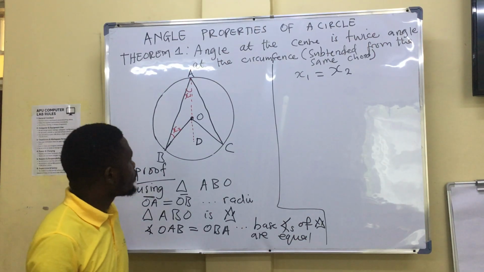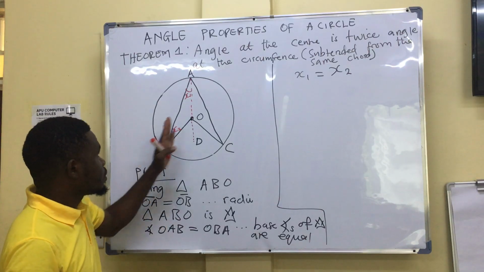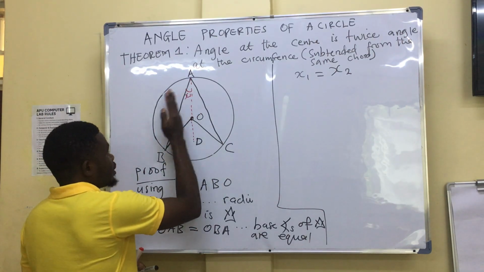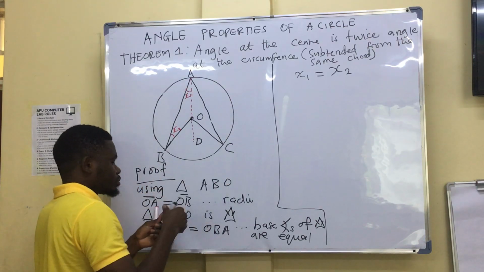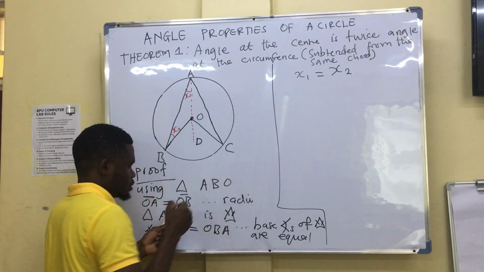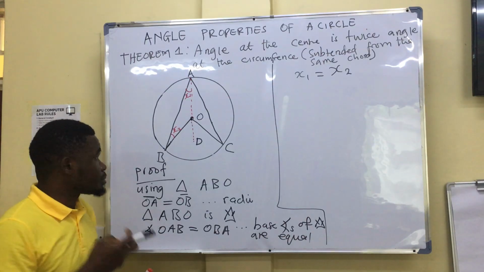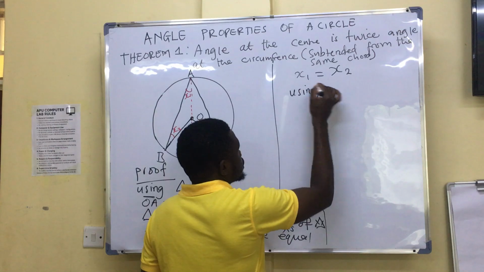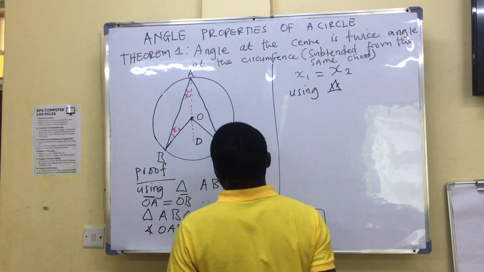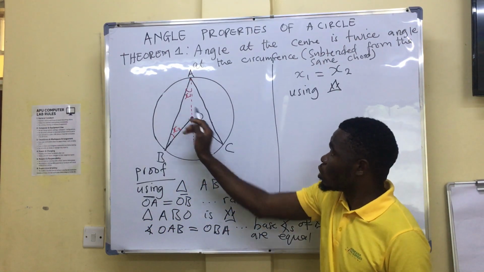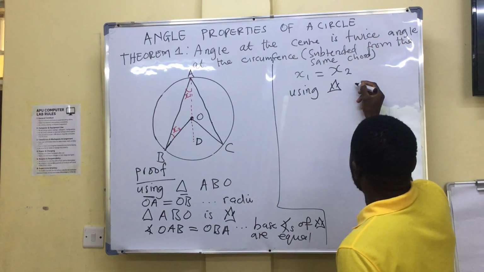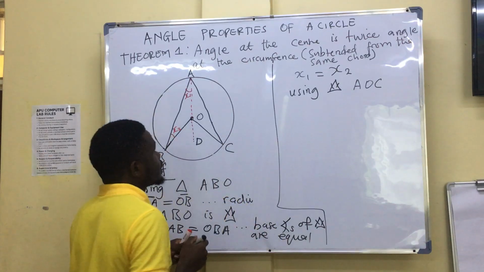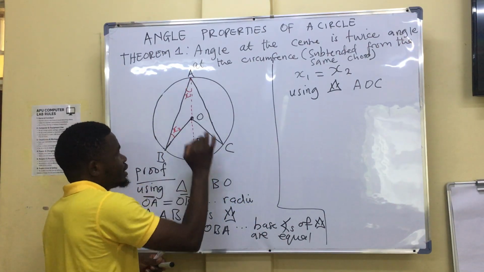Fine. Let's go to this side now. Remember, you have this part and you have this part as well. Let's write using triangle AOC. We know that line OA is equal to line OC.